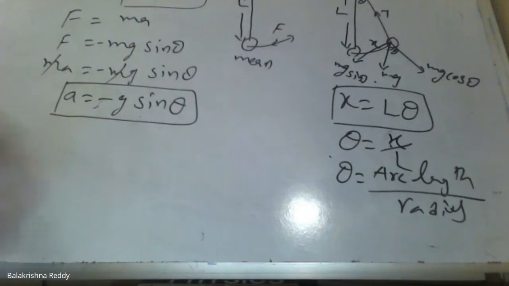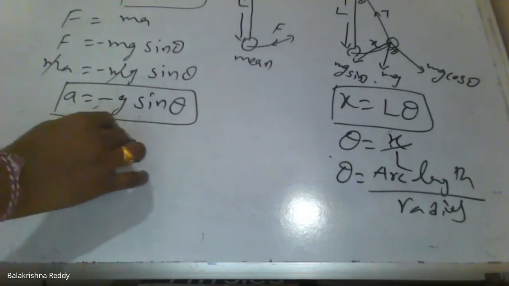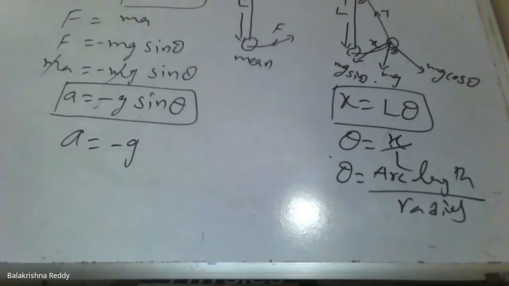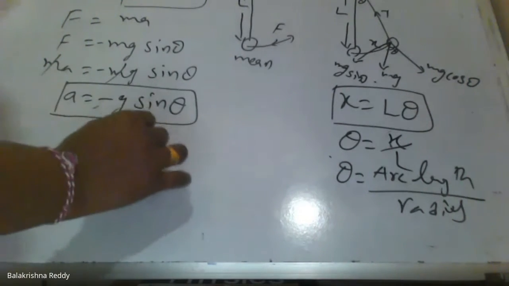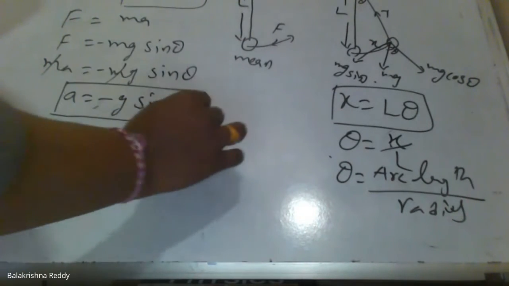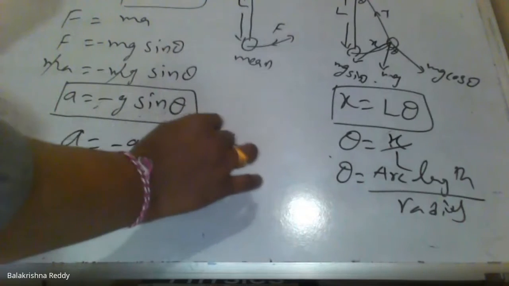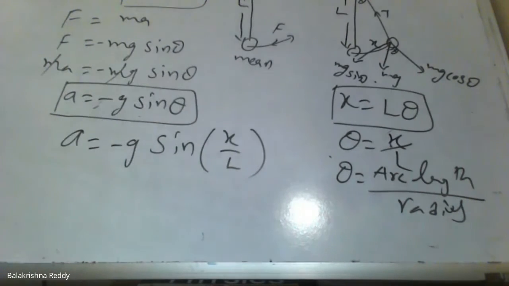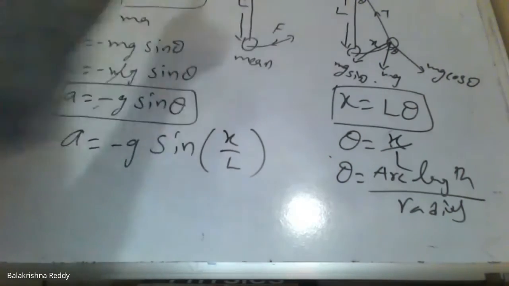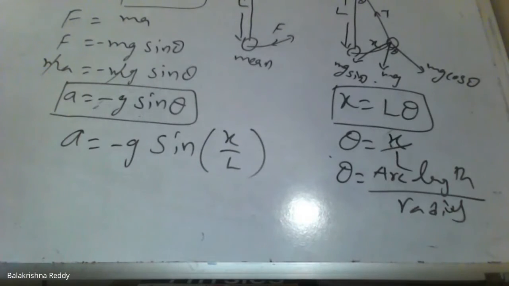So if I write in this equation, in place of theta, a equal to minus g sine theta, in place of theta I am writing x by L. One most important thing we should notice is that whatever angles we have taken here, theta is very, very small.